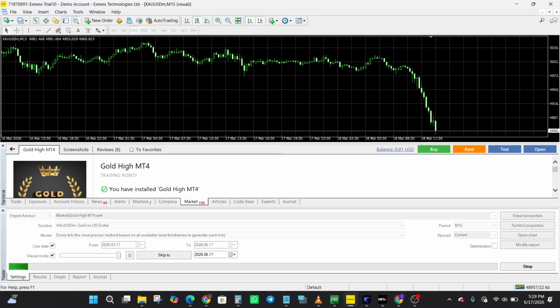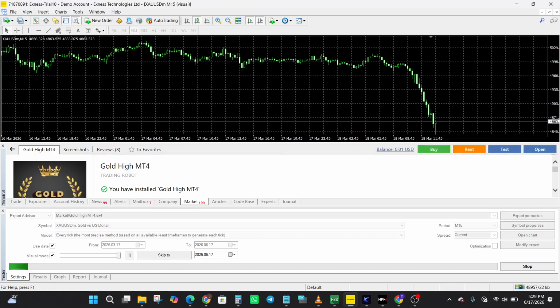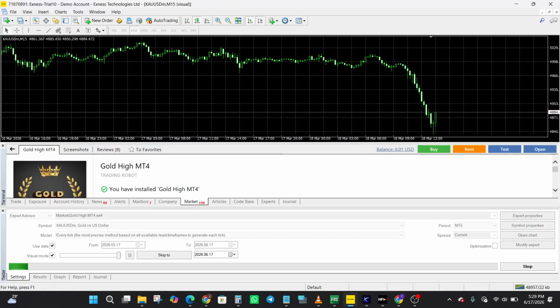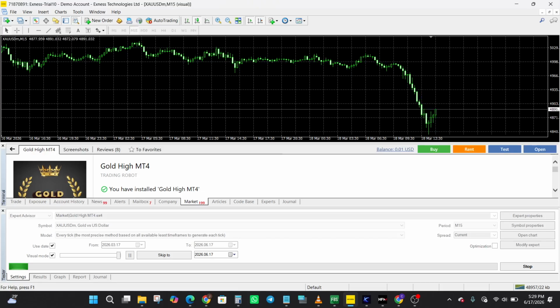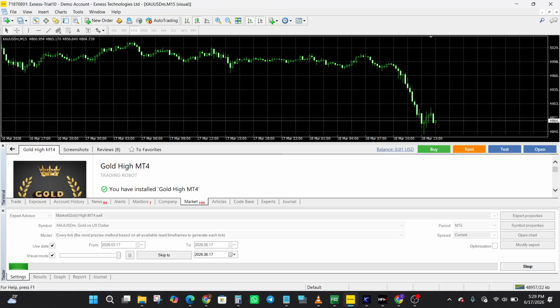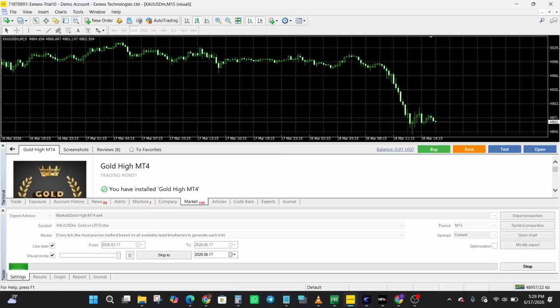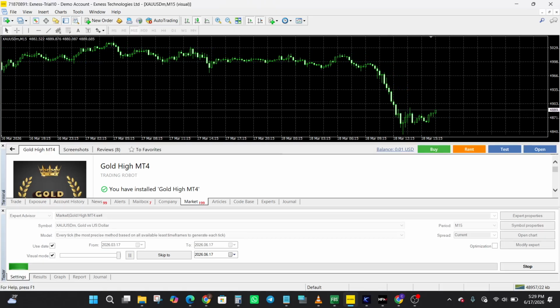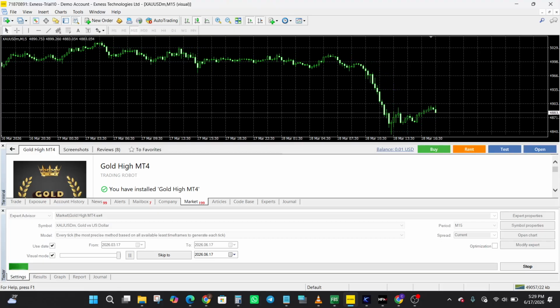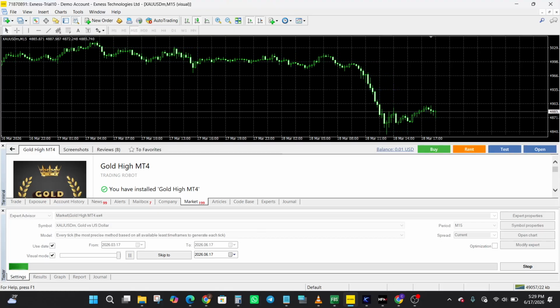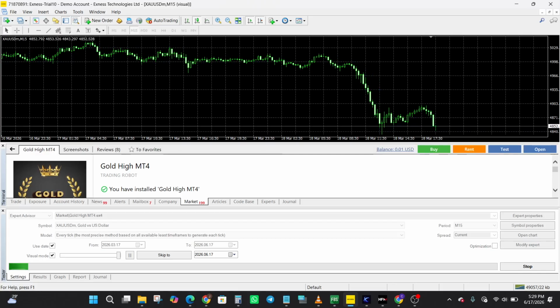Now, as for the results, historical testing performance can vary significantly depending on things like the lot size selection, money management settings, broker execution quality, spread conditions, slippage, market volatility, and any optimization performed by the user.